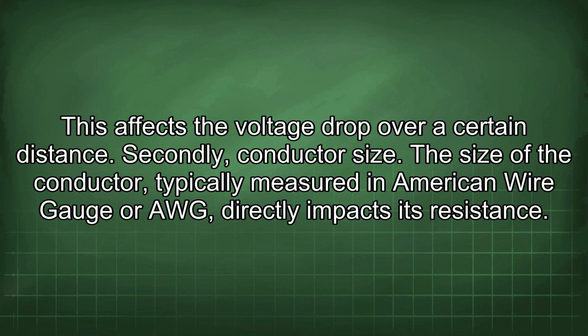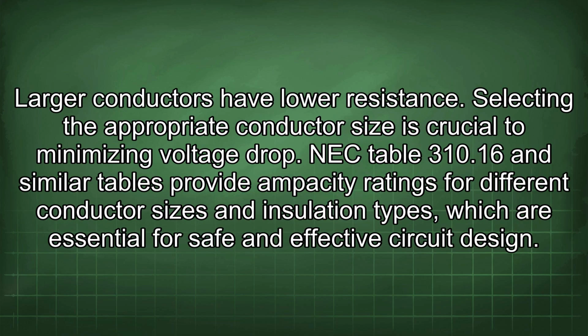The size of the conductor, typically measured in American wire gauge or AWG, directly impacts its resistance. Larger conductors have lower resistance. Selecting the appropriate conductor size is crucial to minimizing voltage drop. NEC Table 310.16 and similar tables provide ampacity ratings for different conductor sizes and insulation types, which are essential for safe and effective circuit design.